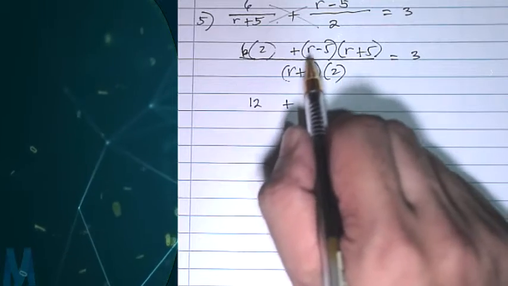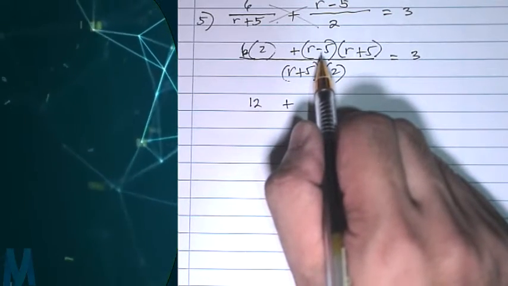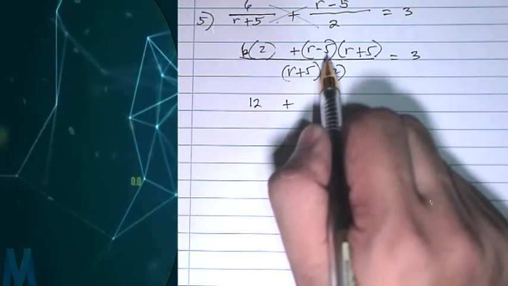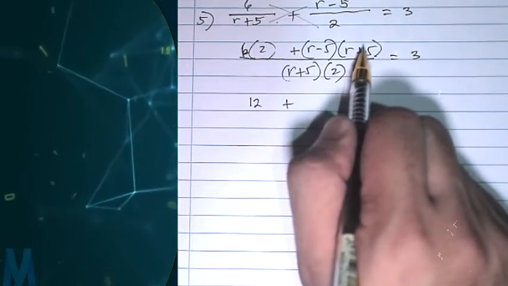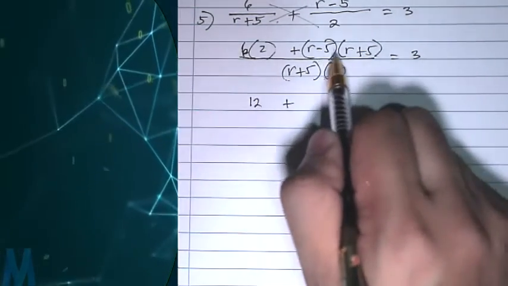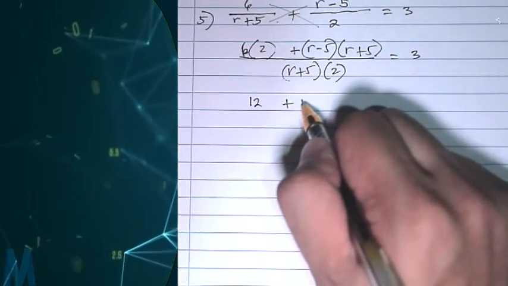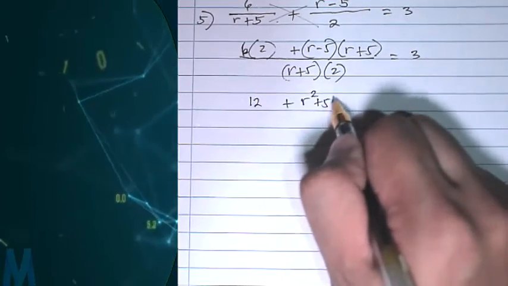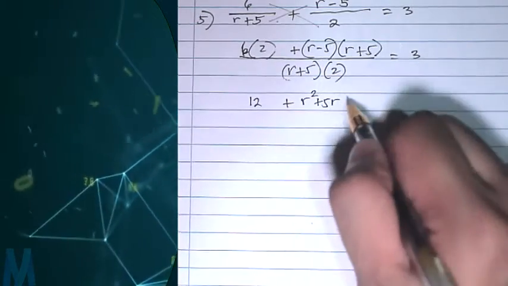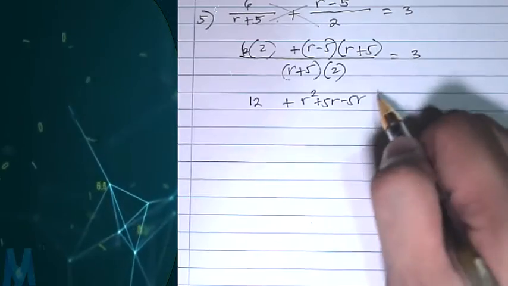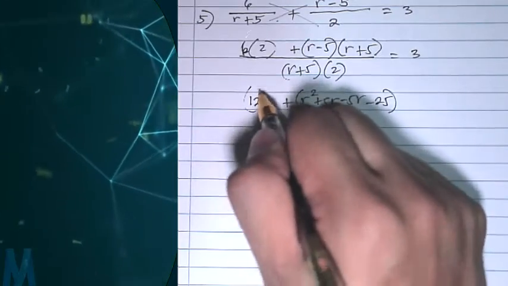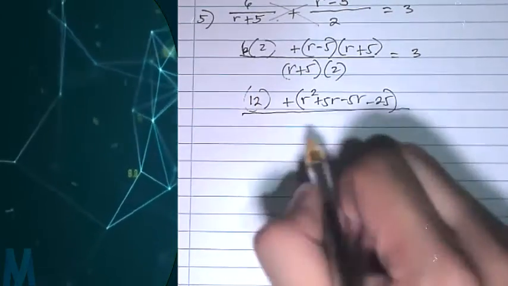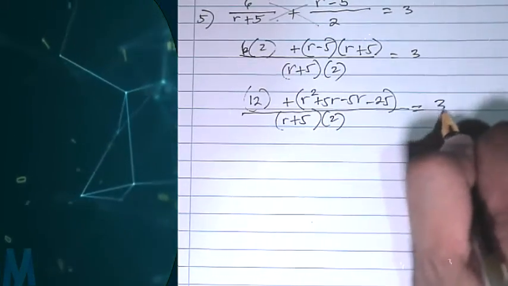This is difference of multiplication of binomial. So r minus 5 times r plus 5 is r squared plus 5r minus 5r minus 25. So enclose in parentheses. Same thing with 12 over r plus 5 times 2 is equal to 3.